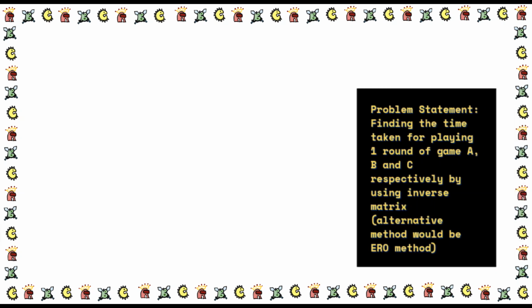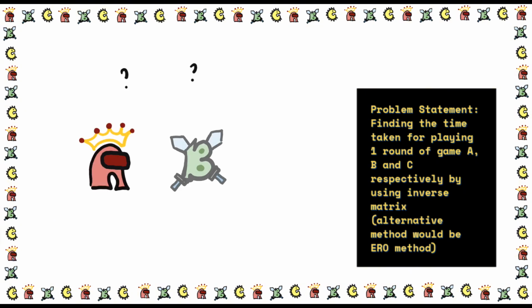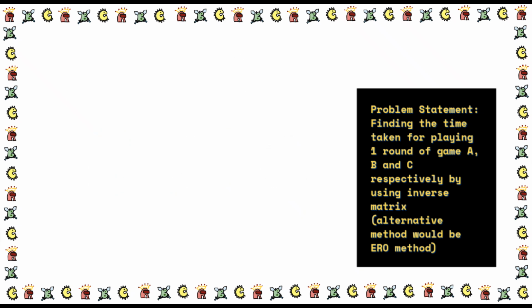Hello everyone, this is Uma, and today we will find out how much time it takes for us to play one round of game A, B, and C respectively, based on the previous data. We have played 2 rounds of game A, 1 round of game B, and another round of game C yesterday, and the total time it took was 40 minutes.